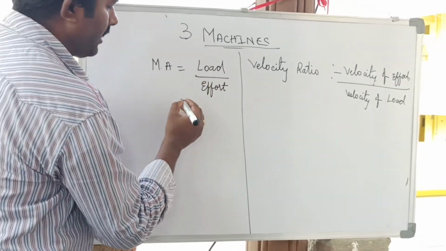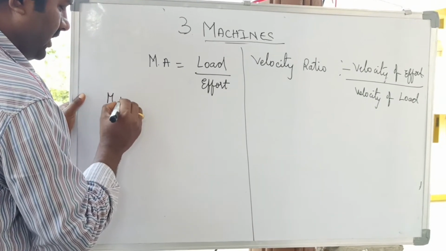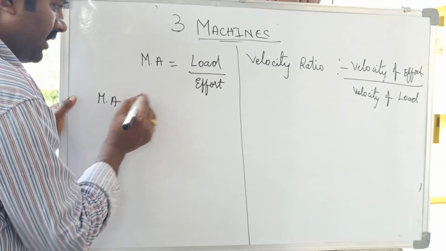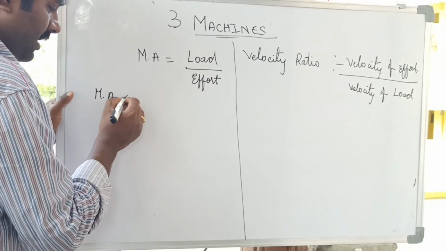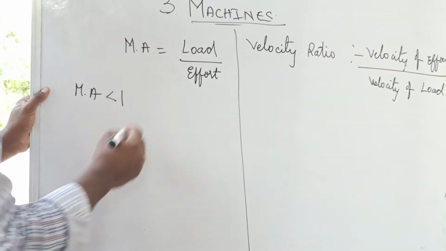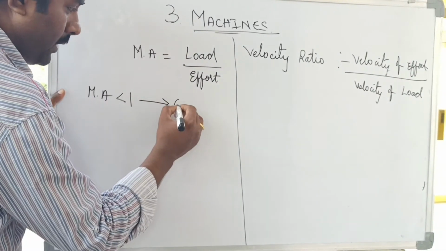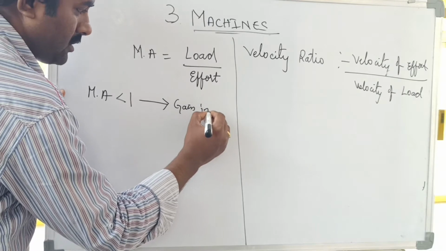Now suppose the mechanical advantage, if effort is more than the load, then mechanical advantage is less than 1. Then it is a gain in speed.